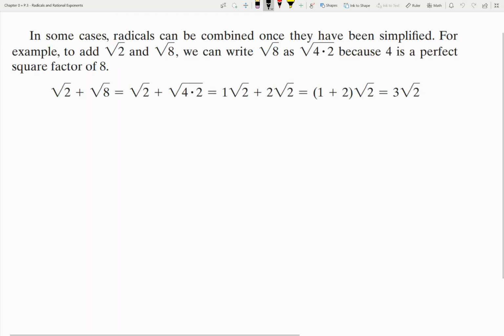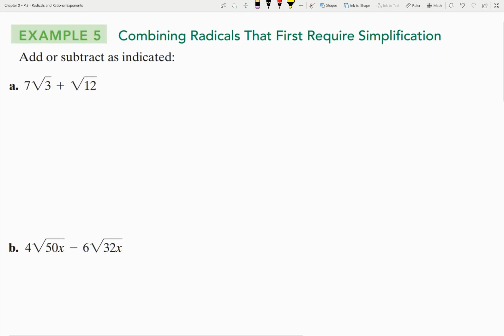In some cases, radicals can be combined once they have been simplified, which means that if a radical looks like it is not alike, like these two, they are not like radicals, but maybe you can make them like radicals if you simplify them first, which is the case with this example, right? You can change the square root of 8 into 2 radical 2 and then combine them to 3 radical 2.